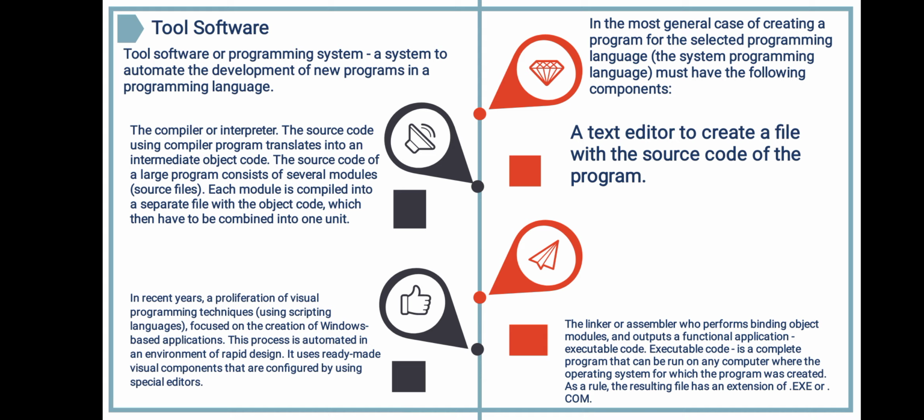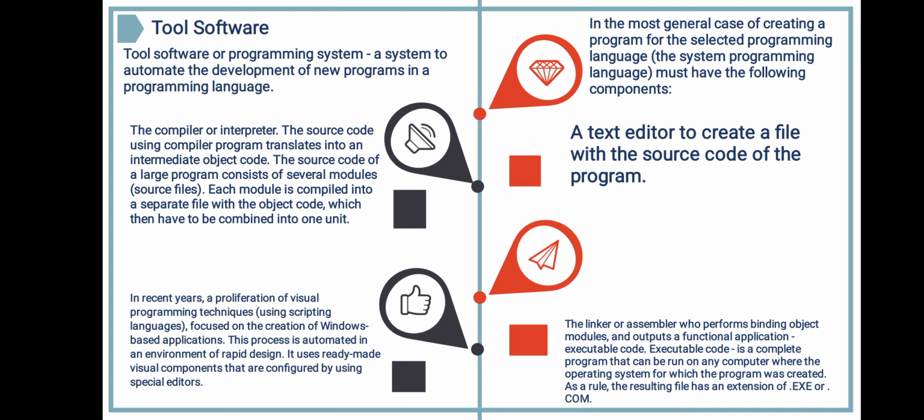The compiler translates the source code into an intermediate object code. The source code of a large program consists of several modules. Each module is compiled into a separate file with the object code, which then has to be combined into one unit. The linker, or assembler, performs binding of object modules and outputs a functional application.